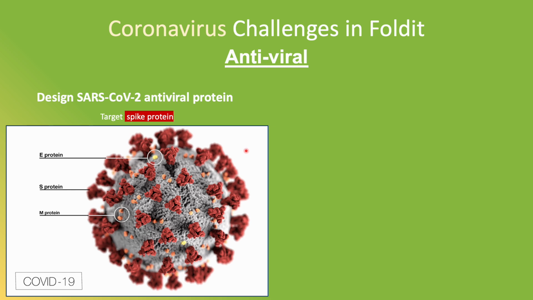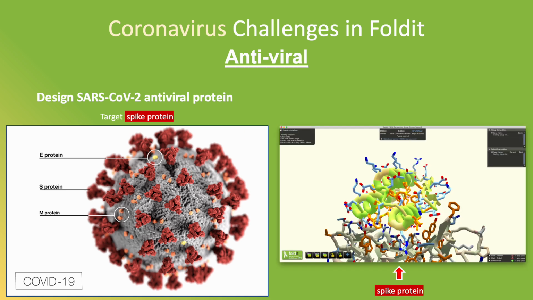The idea is to design a new protein that'll bind to this red spike protein, which is exactly what we did in Foldit. We gave the players the actual spike protein in the game, which they cannot change, obviously, as we can't modify that. But then we let players design proteins to bind it.